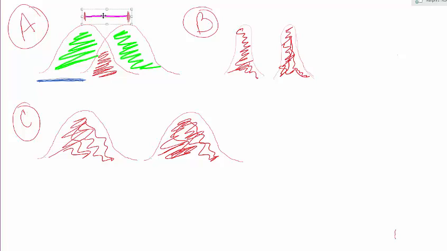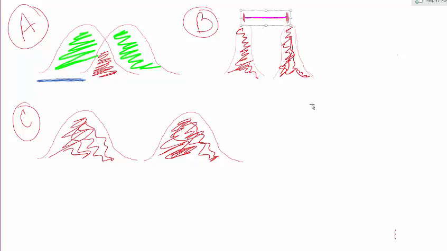So the centers of the two curves in A are exactly the same distance as the center of the two curves in B. Well, what's different about A and B then?